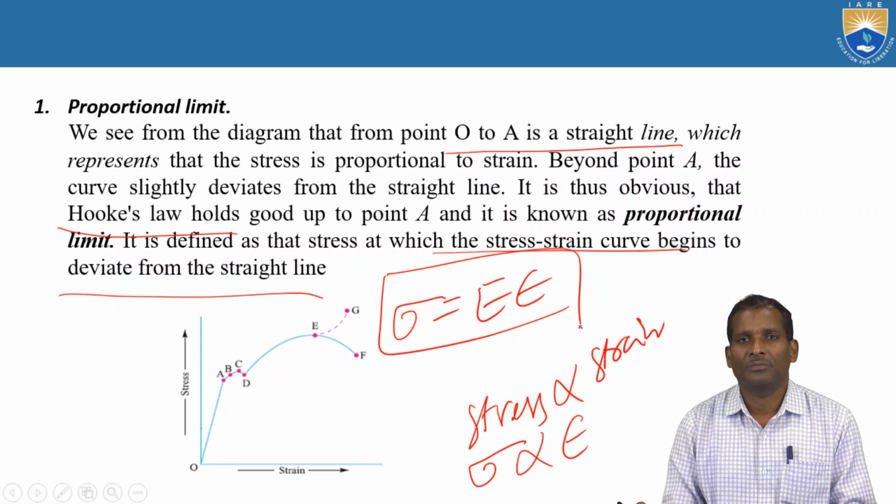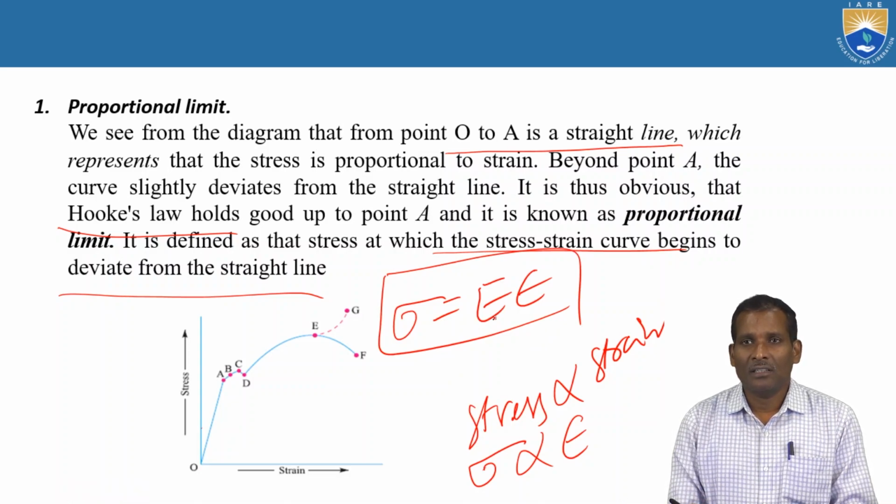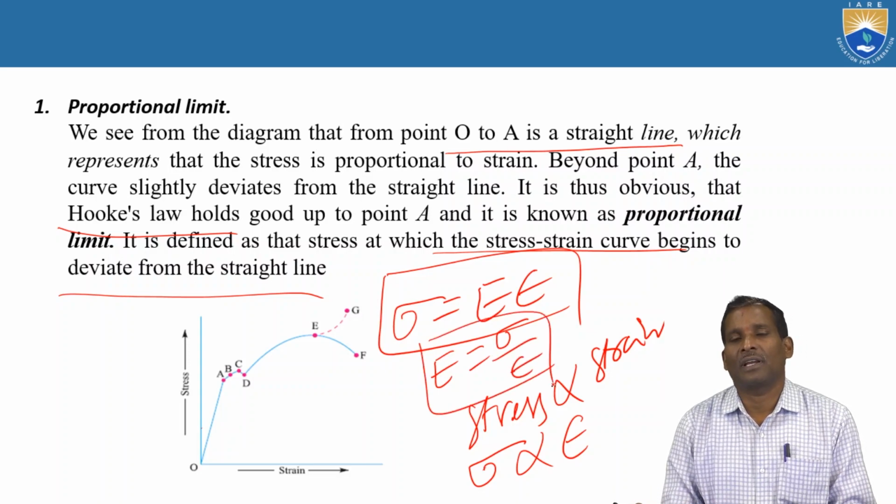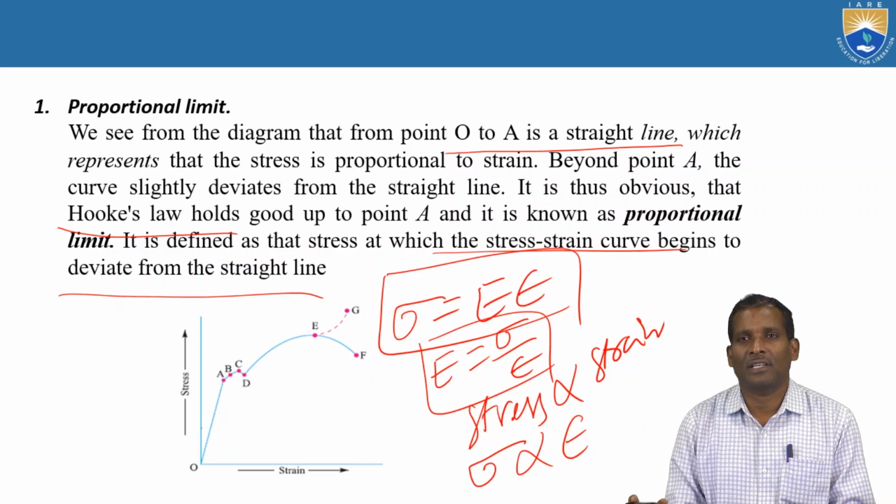This is Hooke's law. Here E is Young's modulus, which is a constant. So E is equal to stress per strain, sigma by epsilon. This is the relation between stress and strain, which gives Hooke's law.